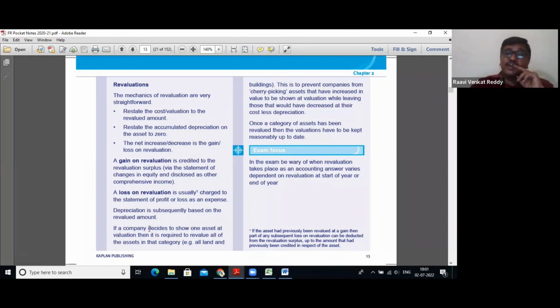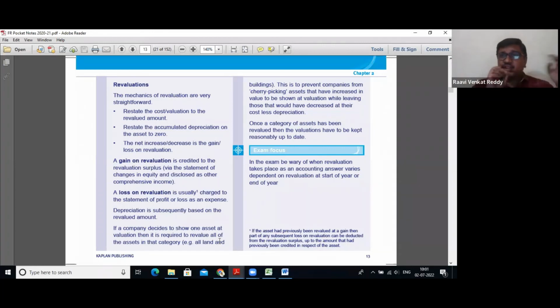If a company decides to show one asset at valuation, then it is required to revalue all the assets in that particular category. So if a company decides to revalue one asset, then it is mandatory to revalue all the other assets.